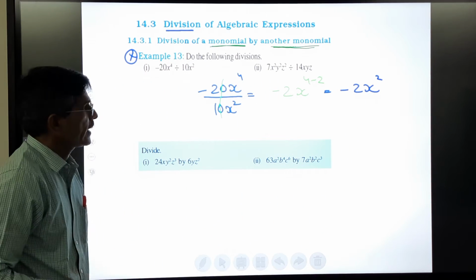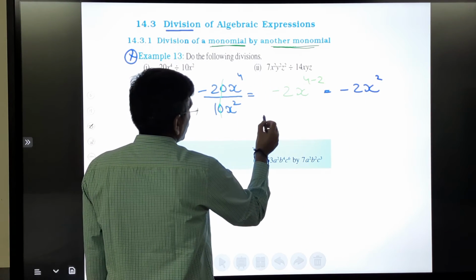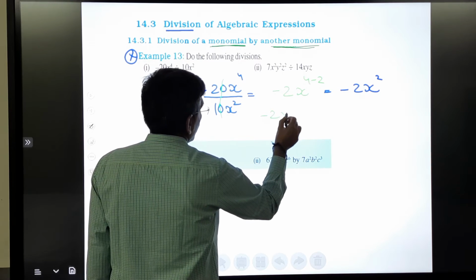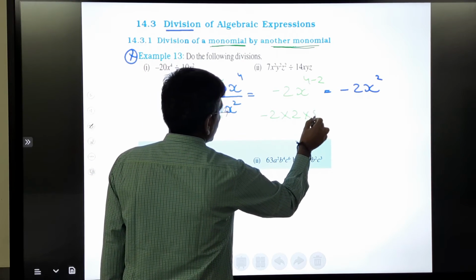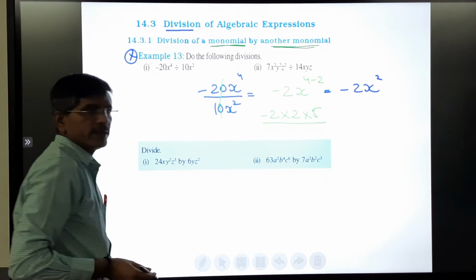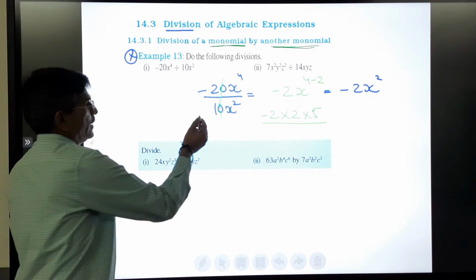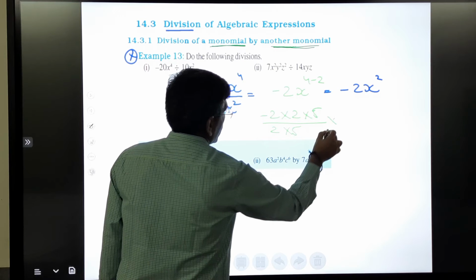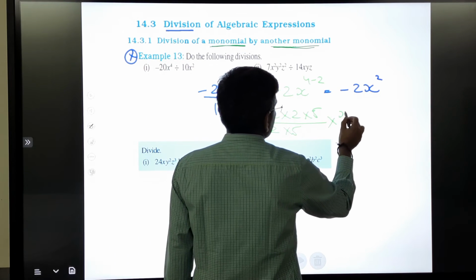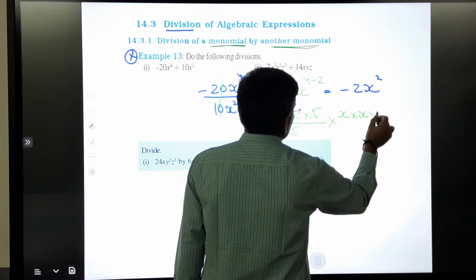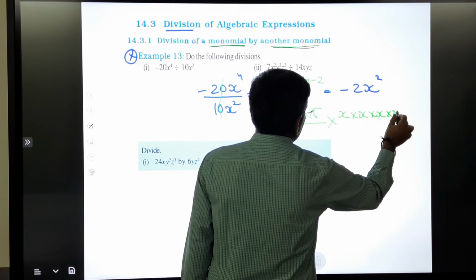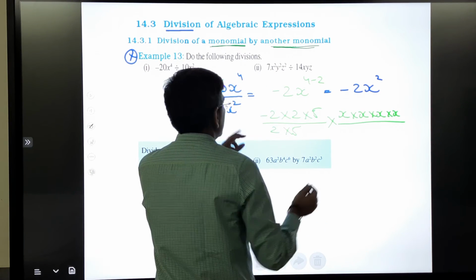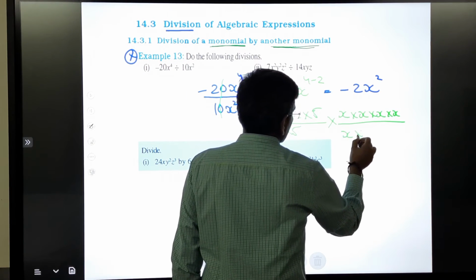Now according to your textbook, what we have to do? So minus 2 into 5, that is a factor of 20. Again 10, that is 2 into 5. And x into x into x into x, and x into x.